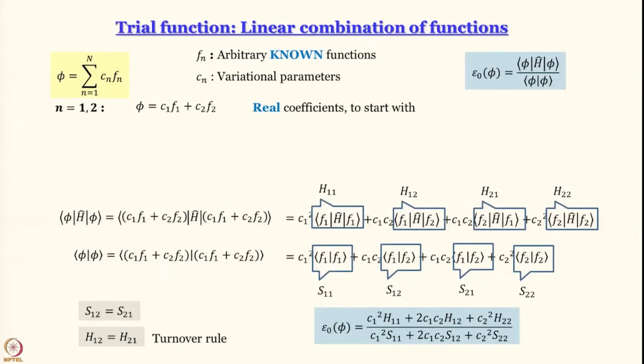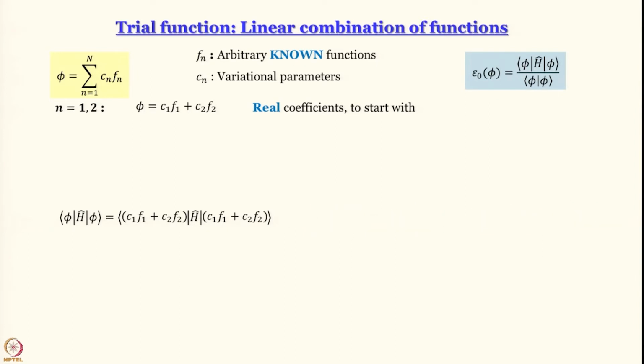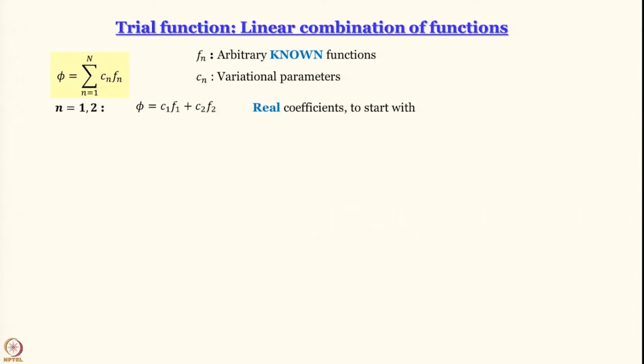So, what we will do now is we are going to use a trial function which is a linear combination of functions. Okay. So, let us say that we express this function of ours, phi, which is the wave function of the system, as a linear combination of n number of some arbitrary but known functions.